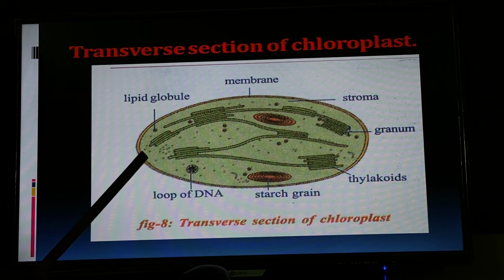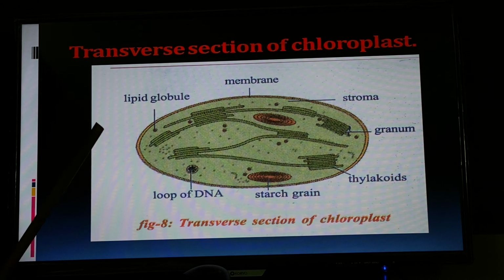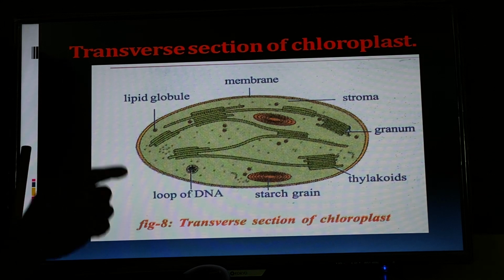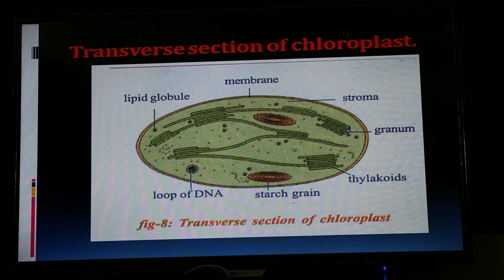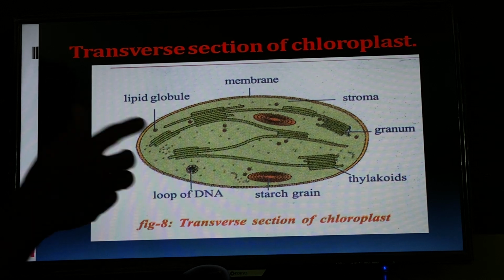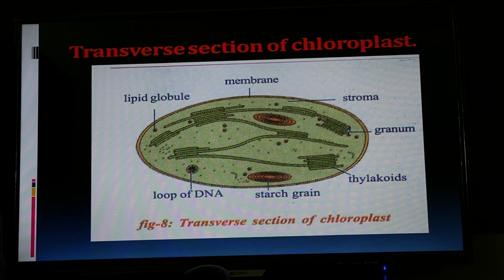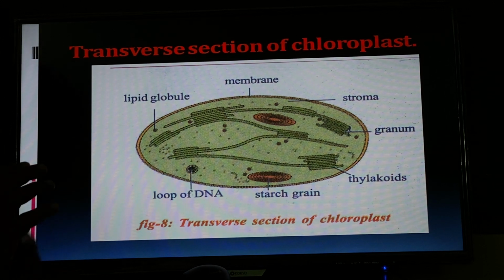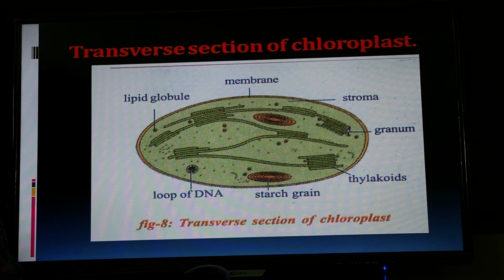Again, I repeat the transverse section of chloroplast. First, let us discuss the shape. First point, it is a disc-shaped, oval or egg-shaped structure present in the mesophyll tissues of the leaf. Mesophyll means middle of the leaves. Second point, how many membranes are there here?